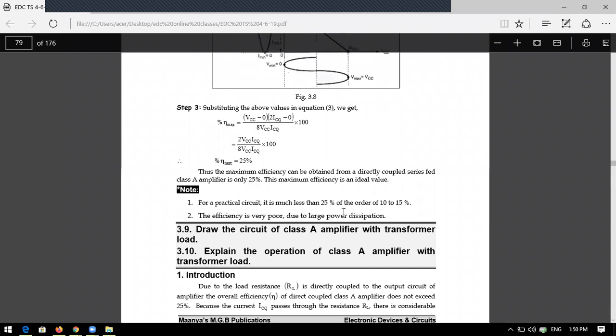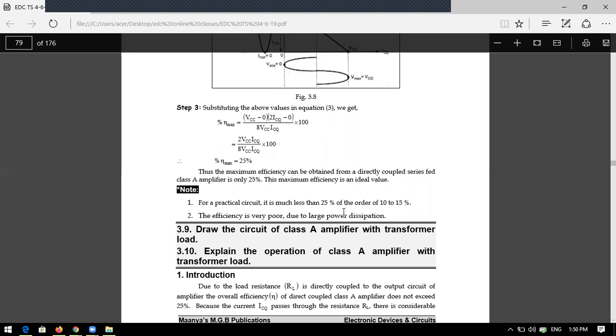So the maximum efficiency obtainable from a directly coupled series fed class A power amplifier is only 25%, and this is the ideal value.